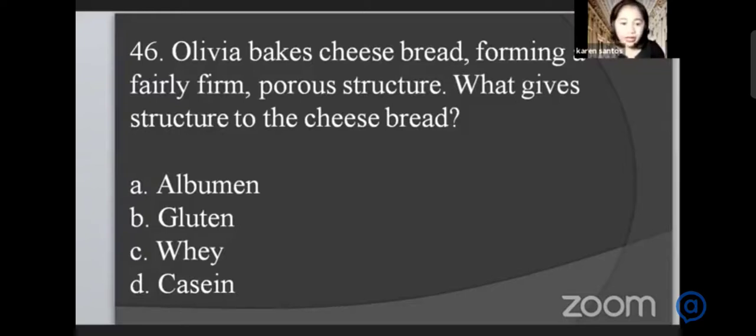And then whey, we use whey in making dairy products. And casein is found in milk and cheese. So it is used for water binding. So for the chewy texture and to keep the shape, you have to use the gluten. So the correct answer is letter B.